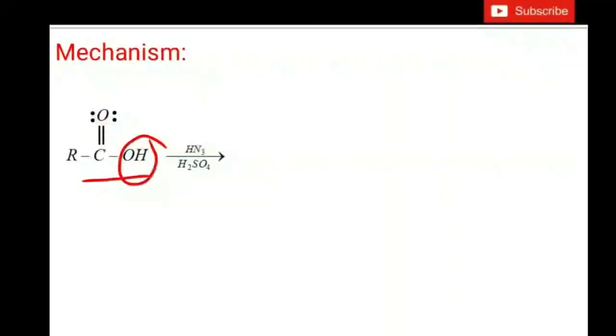If we see the mechanism of this reaction, carboxylic acid reacts with hydrazoic acid in the presence of H2SO4. As H2SO4 is a good dehydrating agent, it removes a water molecule from the mixture of this carboxylic acid and hydrazoic acid. The OH group from carboxylic acid and the active hydrogen we have in hydrazoic acid will be removed in the form of H2O.